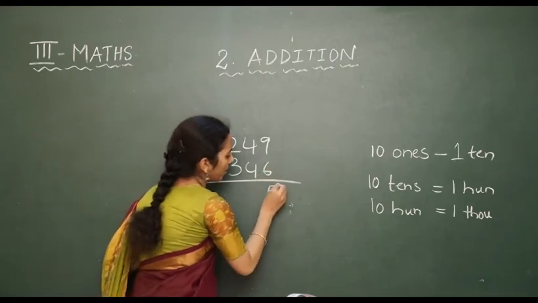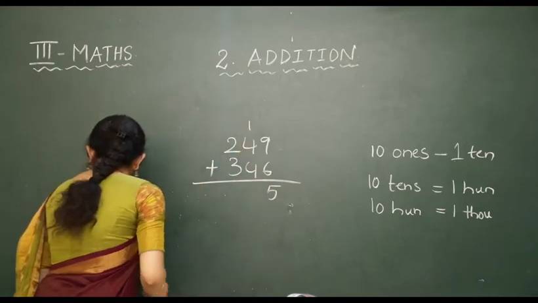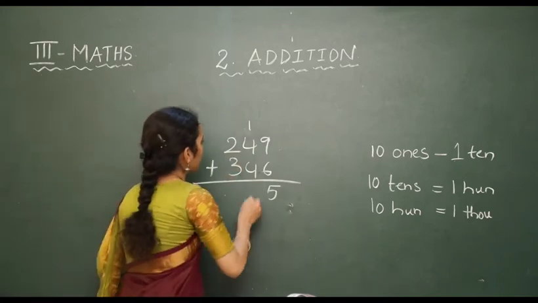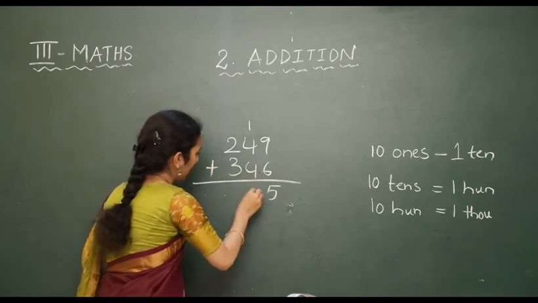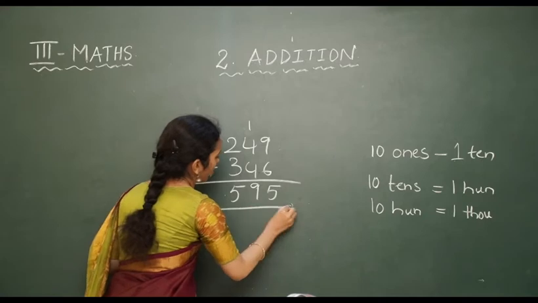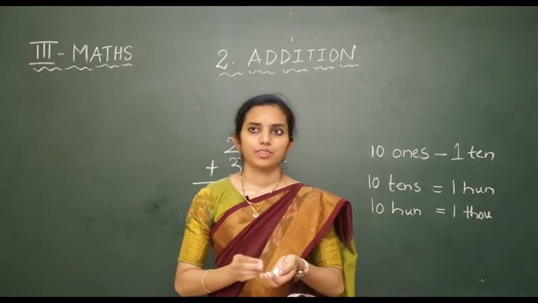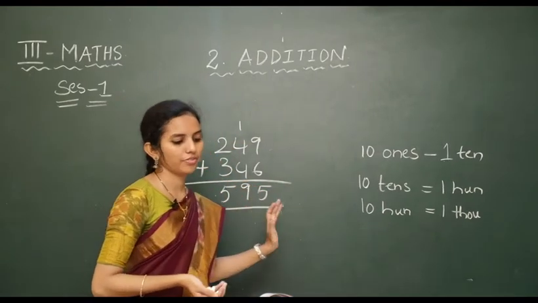We write 5 here and carry 1 to the tens place. 1 plus 4 is 5 and 5 plus 4 is 9 and 2 plus 3 is 5. So, the total number of books is 595. So, the answer is 595.